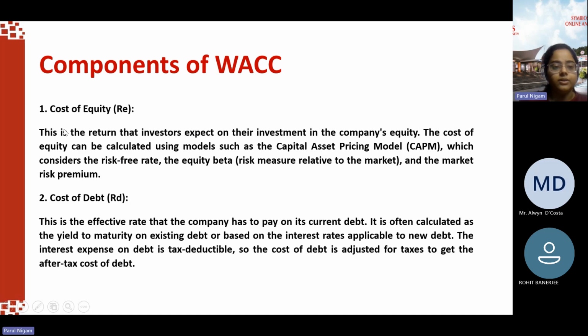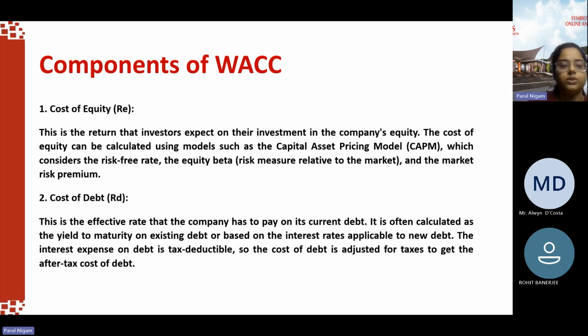What are the components of your weighted average cost of capital? Cost of equity and cost of debt. Cost of equity is usually referred to as RE, and cost of debt as RD, return on equity and return on debt. The cost of equity is basically the return that investors expect on their investments in the company's equity.